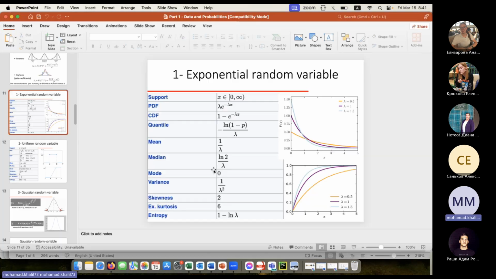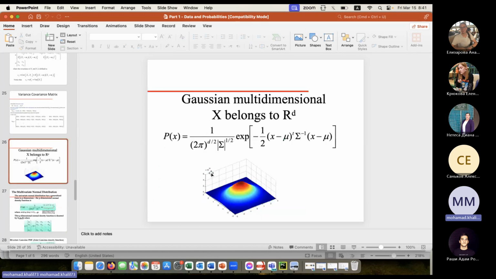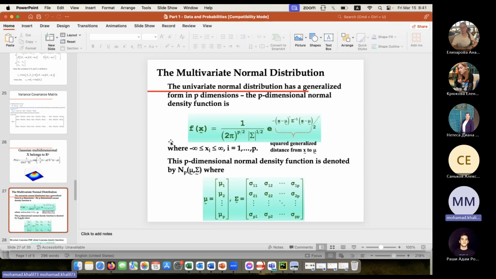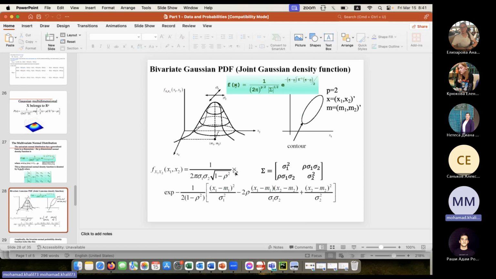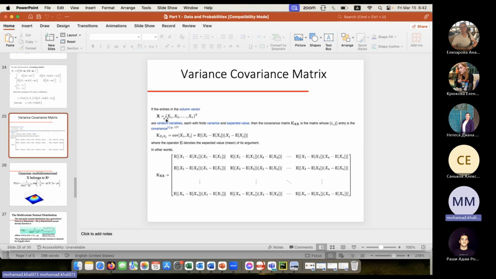Remember from the probability course, if X belongs to R^d, this is the equation of the Gaussian distribution, and sigma in general is d times d. If X equals (x1, x2, ..., xn), sigma contains the variances and covariances, and is n times n.